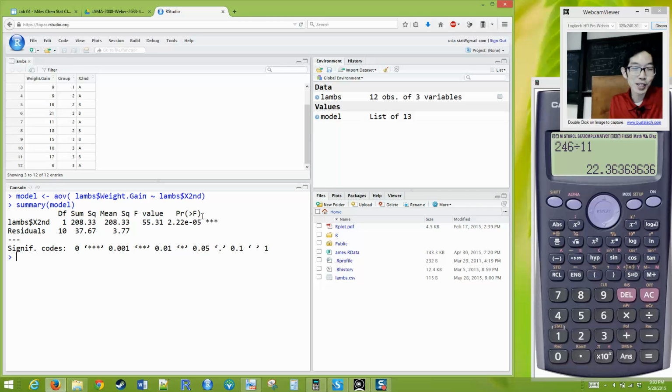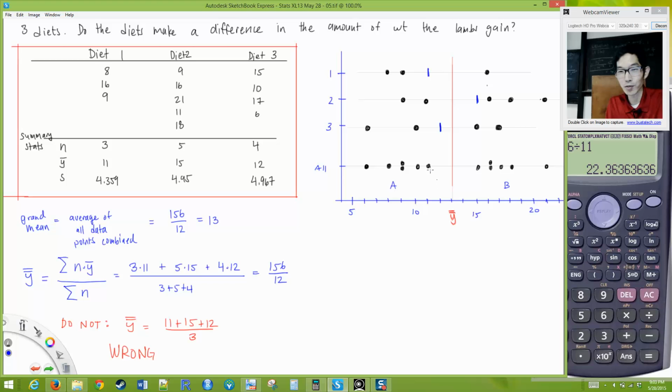Here we have something that's very significant, and we would expect that because looking at the picture, using our own eyes, it seems like group A is producing values of much lower weight gain than group B. But if we looked at it across the 3 different diets, it doesn't seem significant. Anyway, that's what we've got going on.